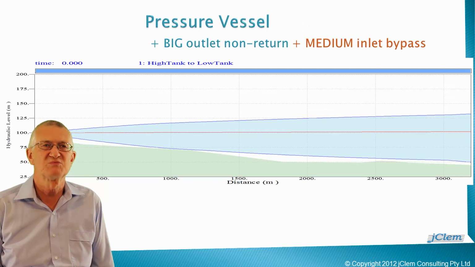To further explore the influence of the diameter chosen for the non-return bypass pipe, here is another trial simulation using a slightly bigger diameter bypass pipe. Again, acceptable surge protection against negative heads is provided. Slightly increasing the size of the bypass pipe around the non-return valve has lowered the maximum head experienced by the system.